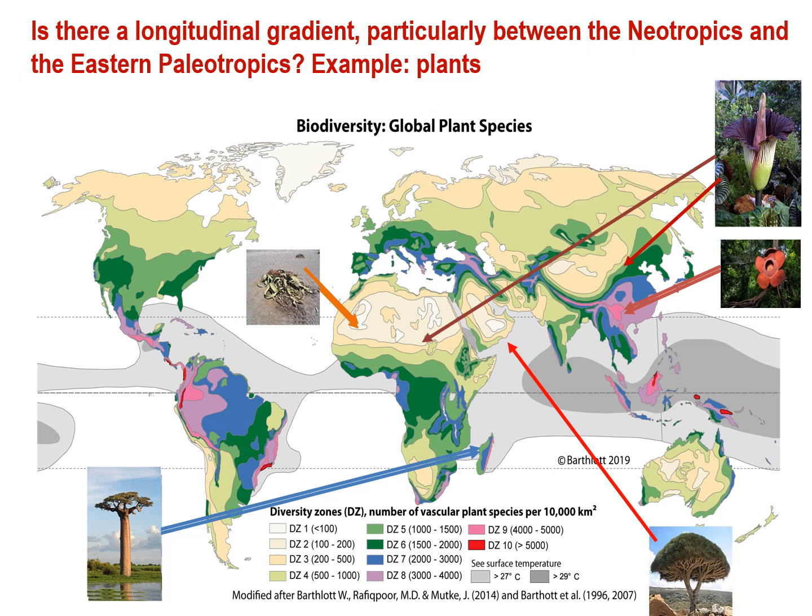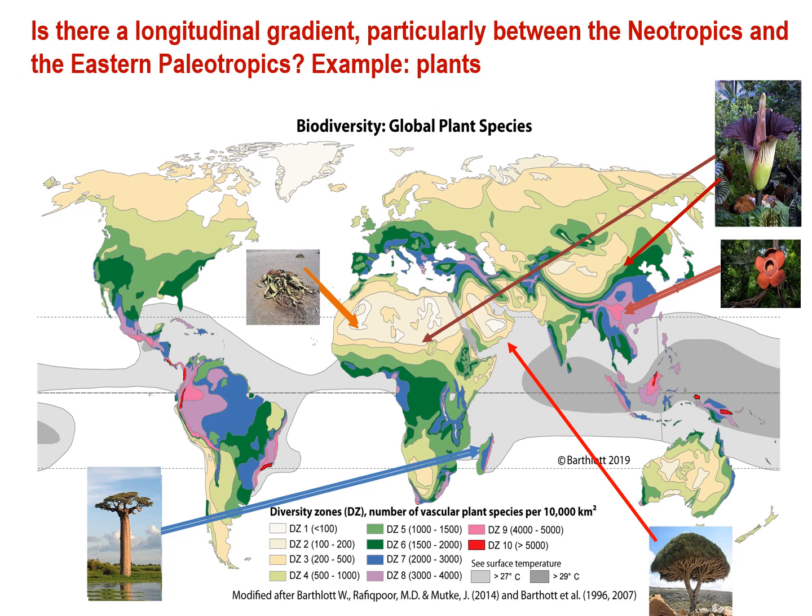If we look carefully at this map, it is obvious that Africa has a lower plant diversity. Also, for plants, there does not seem to be a longitudinal gradient, since the Neotropics and Eastern Paleotropics both have red areas.